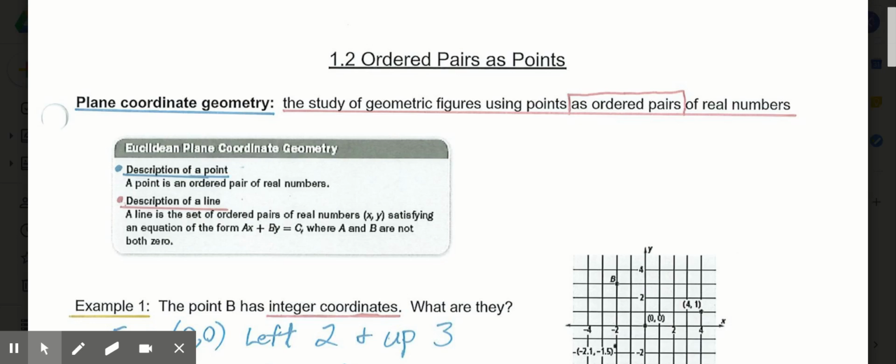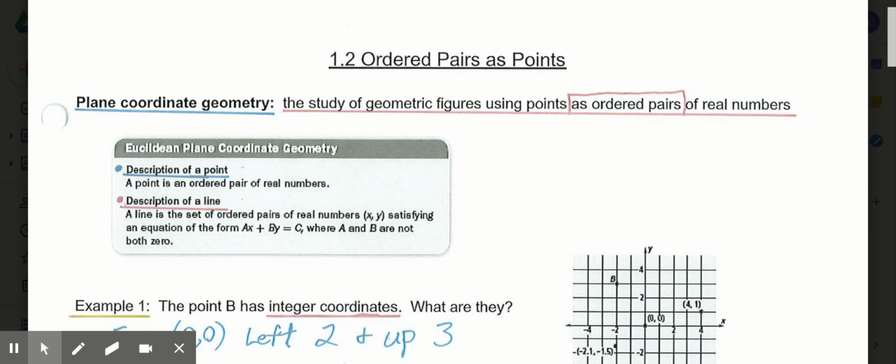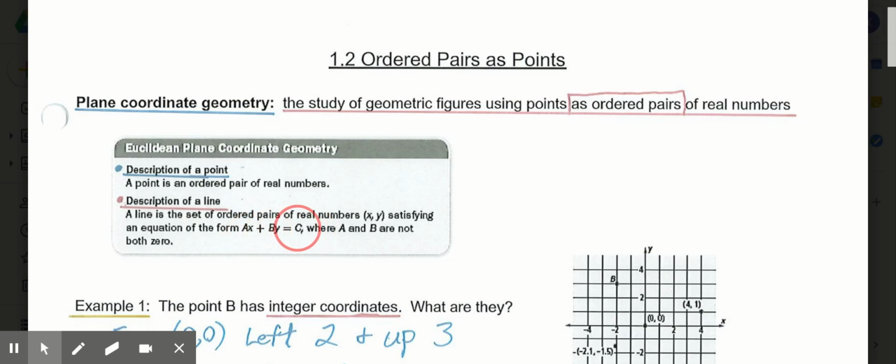A line is a set of ordered pairs of real numbers, x, y, coordinates, satisfying an equation of the form ax plus by equals c, where a and b are both not zero. So that's a really long definition or example of what's known as the standard form ax plus by equals c.